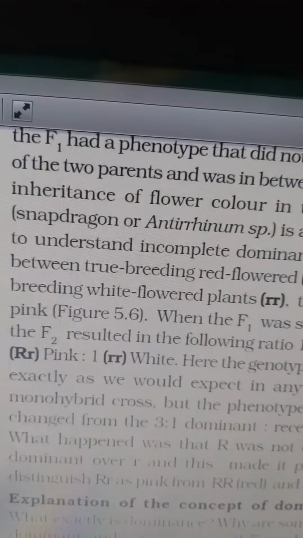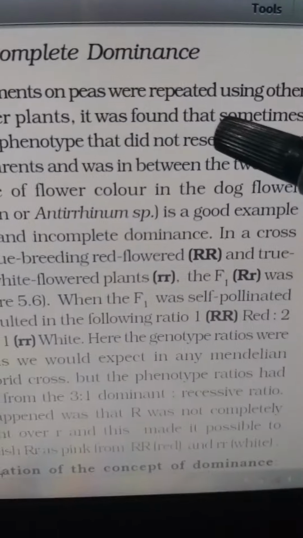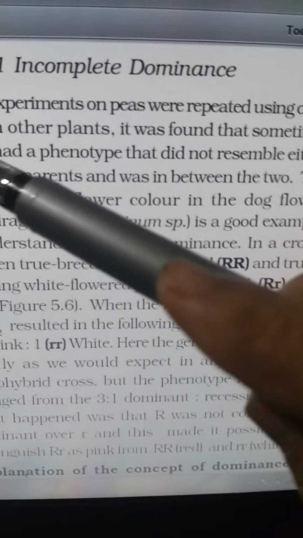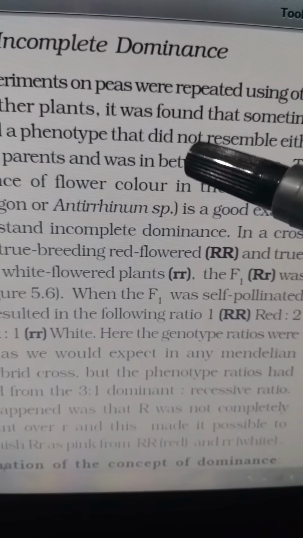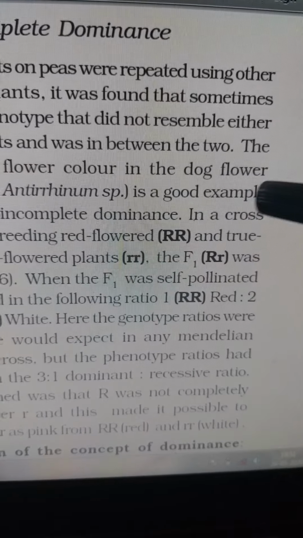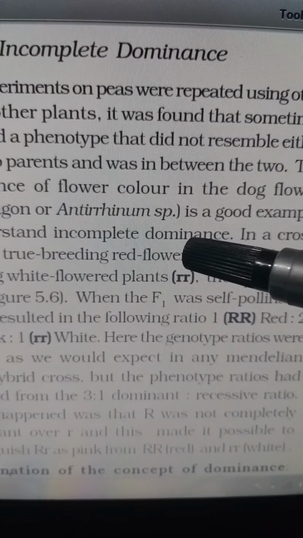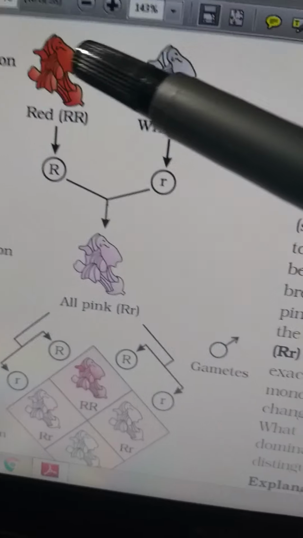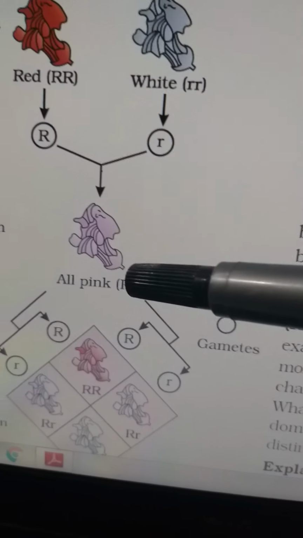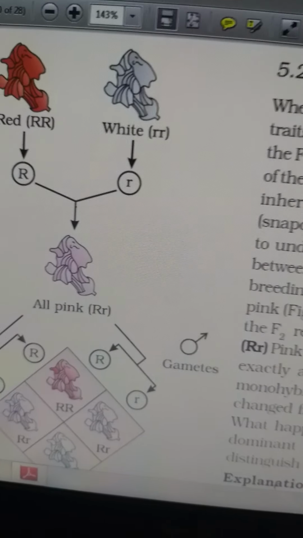It was found that the F1 had a phenotype that did not resemble either of the two parents and was in between the two. So the inheritance of flower color in the dog flower is a good example to understand incomplete dominance. If it had been complete dominance, it would have been completely red, but this pink means it is incompletely dominant.